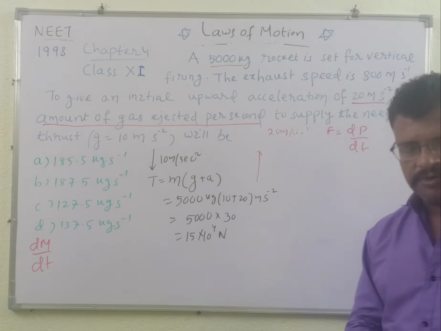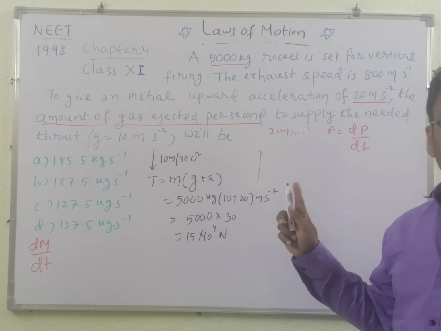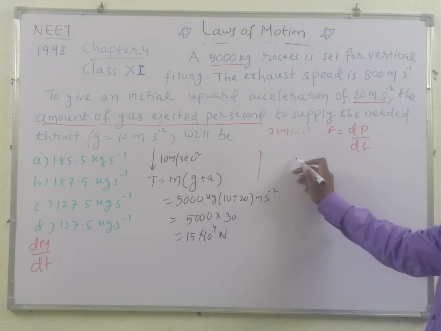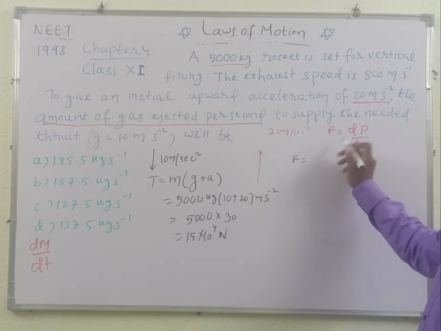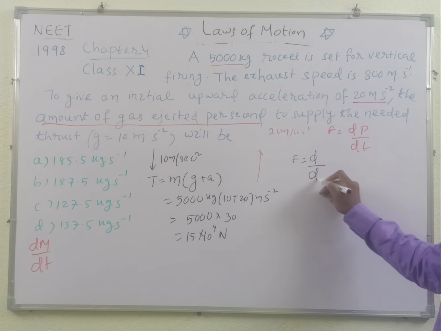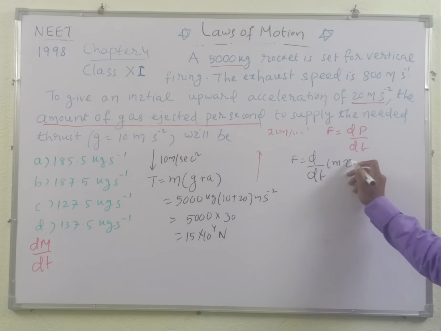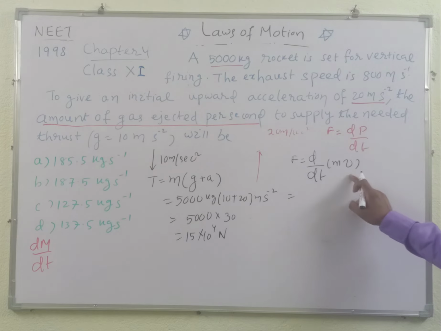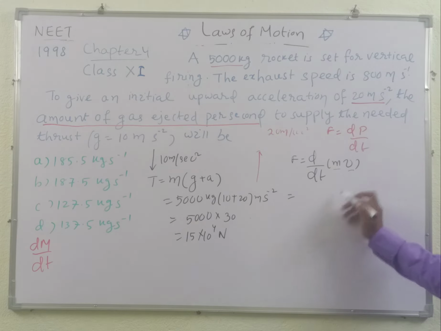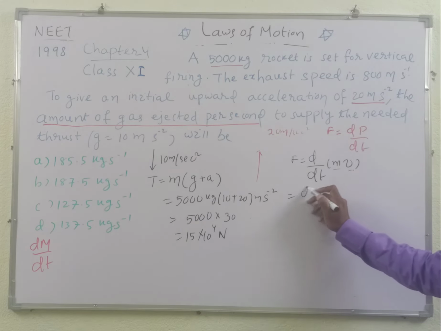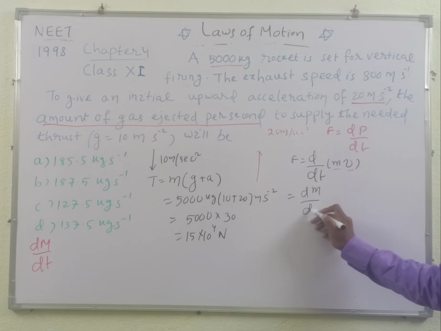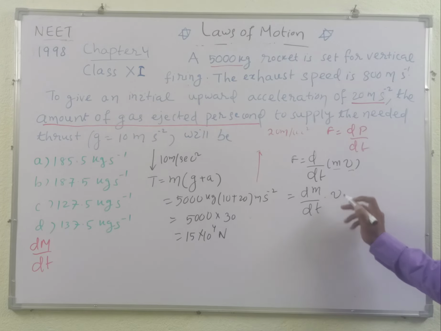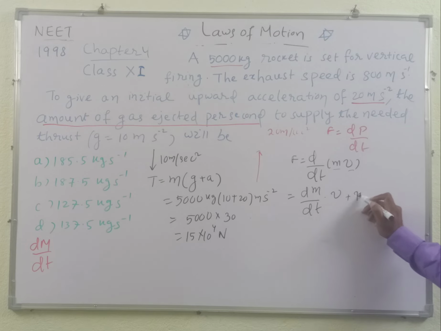And what is momentum, students? Momentum is the quantity of motion contained in a body, and mathematically p is equal to mv. So this is d by dt of mv, the momentum. So, student, this becomes, according to the chain rule, there are two physical quantities here, mass and velocity. So this will be dm by dt into v, the velocity, plus m into dv by dt.